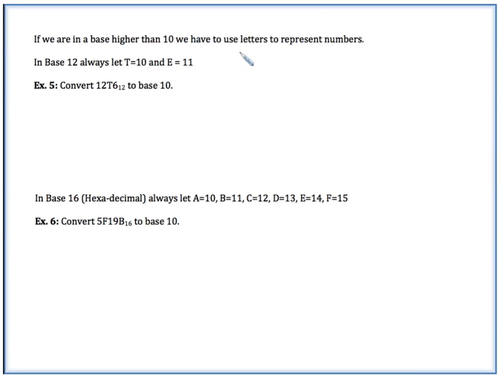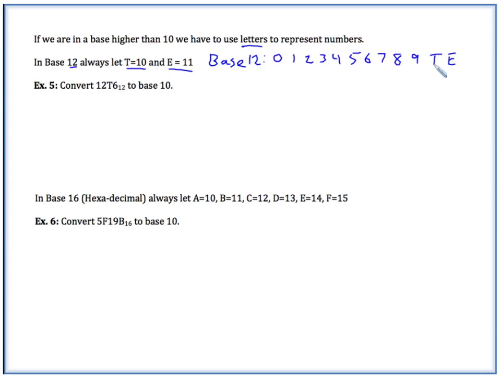And when we do this, we have to use letters to represent the numbers. So in base 12, we're always going to let t equal 10 and e equal 11. So let's count in base 12. Okay, well we would do 0, 1, 2, 3, 4, 5, 6, 7, 8, 9, t, e.